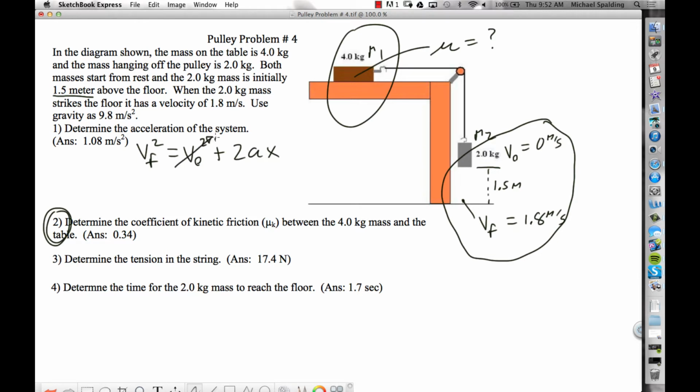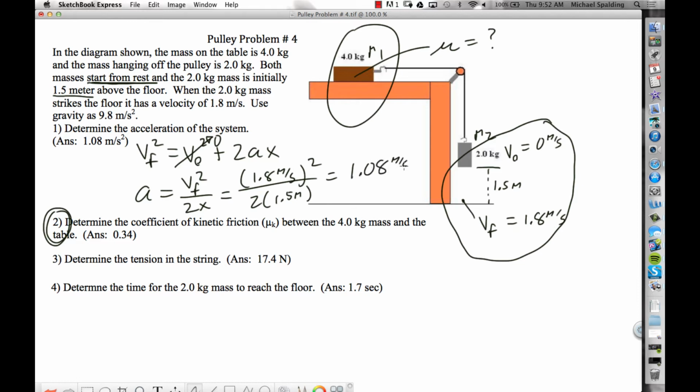V initial is 0, starts from rest, so a is going to be Vf squared over 2x, 1.8 meters per second squared over 2 times 1.5 meters. So we get the acceleration as 1.08 meters per second squared.